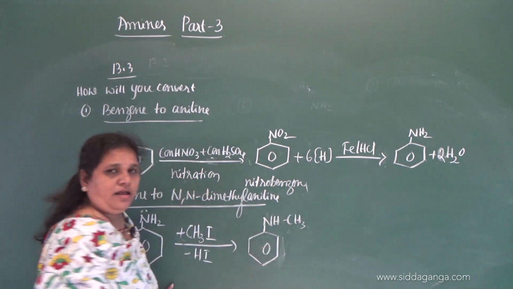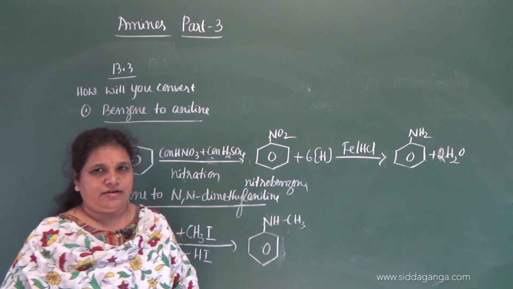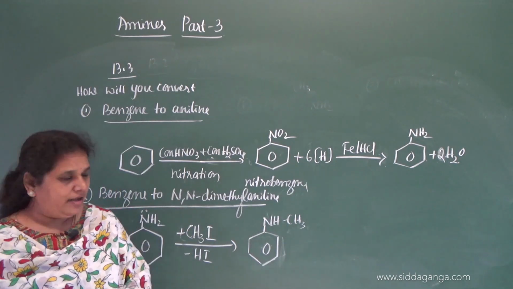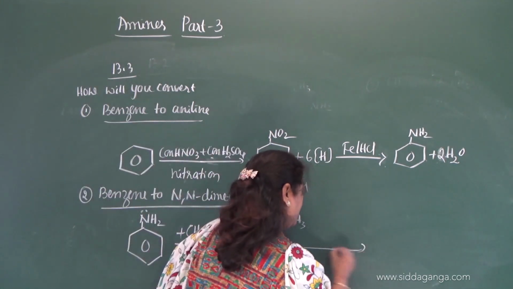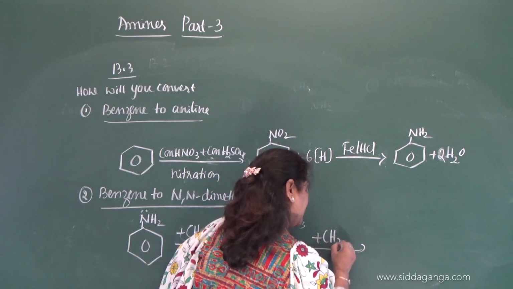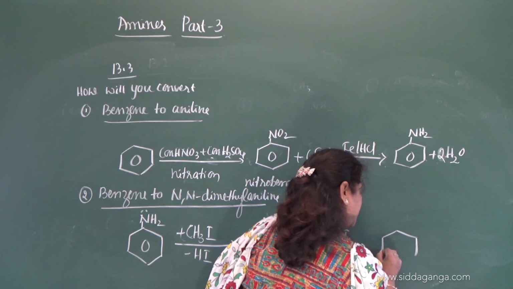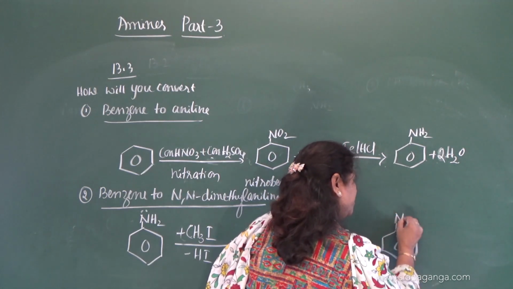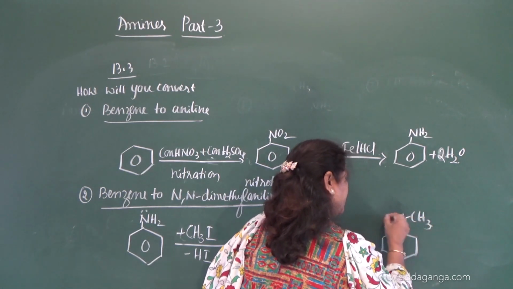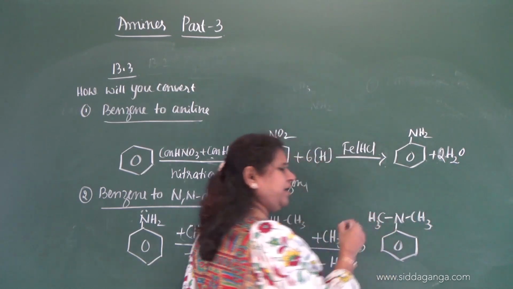What is this called? N-methyl aniline. First it gives N-methyl aniline and further it reacts with one more molecule of methyl iodide. With the elimination of HI, that is hydrogen iodide, you will get N,N-dimethyl aniline.